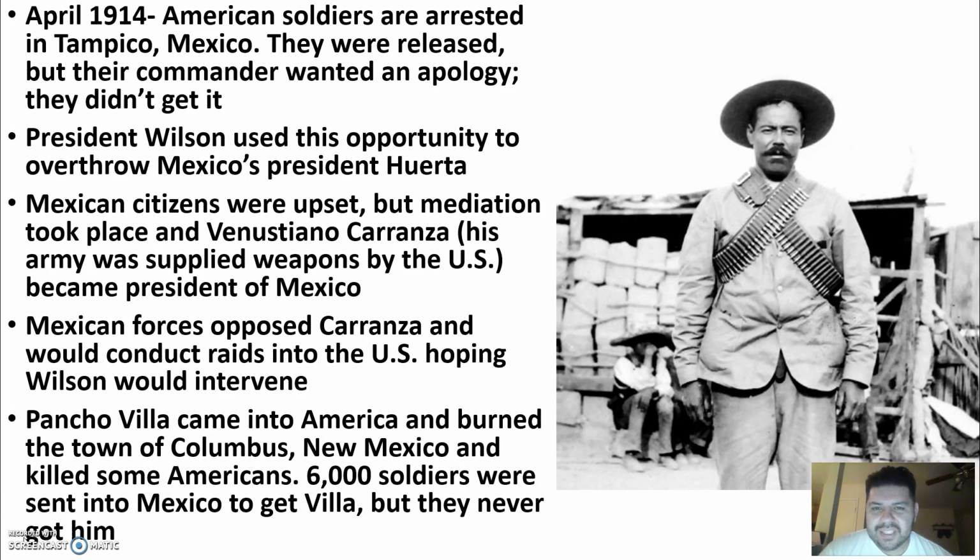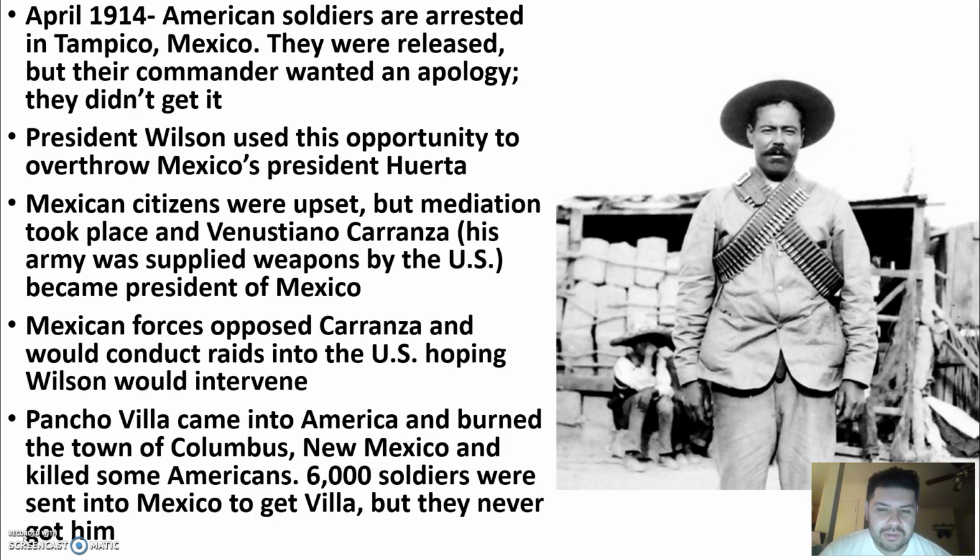And that didn't sit well with the commander and ultimately President Wilson. Now, Wilson used this opportunity to get rid of the Mexican president, Huerta. Once they got rid of him, the Mexican citizens were kind of upset. They saw it as like, you're interfering in our business.